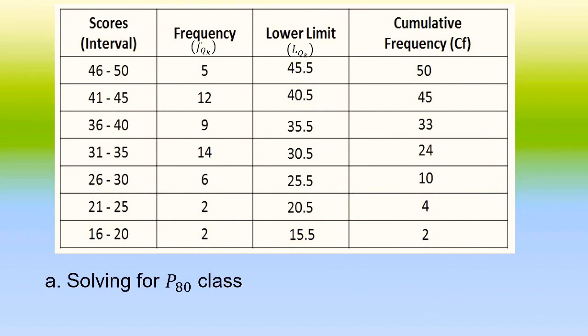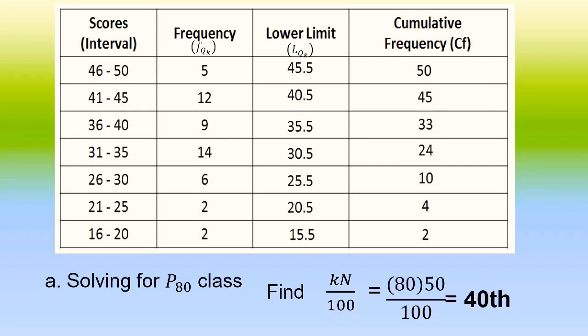The next value that we are going to identify is the value of our 80th percentile. So first, we are going to identify the 80th percentile class by means of using the same formula that we used a while ago. So we have 80 times 50 divided by 100, and that is equal to 40. So next is for us to identify the location of the 80th percentile class.